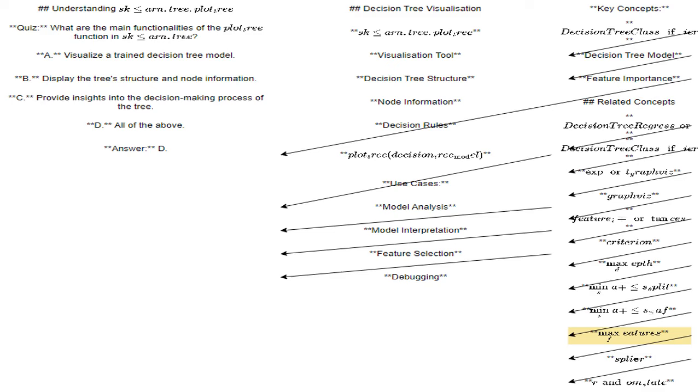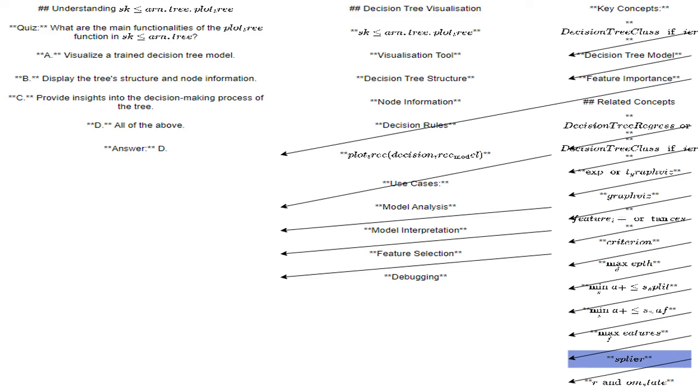sklearn.tree.plot_tree: a function in the sklearn.tree module that visualizes a trained decision tree model using matplotlib. Use: visualizing a trained decision tree model for analysis and interpretation. DecisionTreeClassifier: a class in scikit-learn that implements the decision tree algorithm for classification tasks.